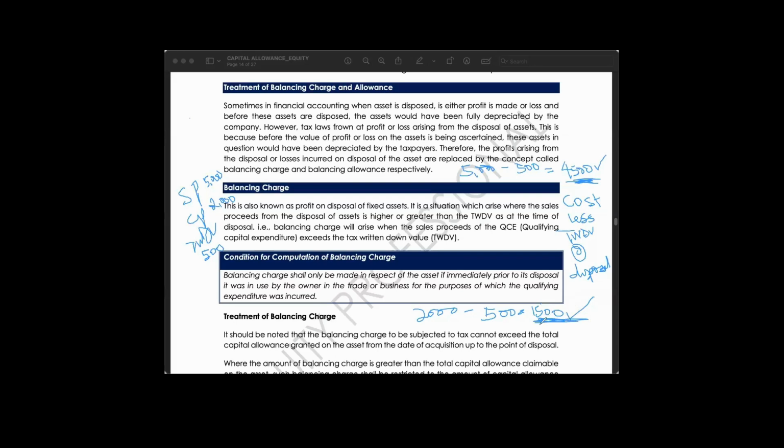Therefore, your balancing charge shall be restricted to the total value of your allowance on the asset disposed. So this is the total allowance claimed on the asset disposed. This is the balancing charge. Therefore, your balancing charge shall be restricted to the total allowance claimed on the assets. That is what the ask is.